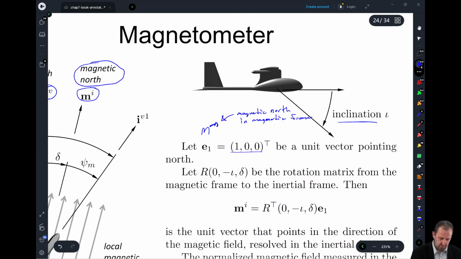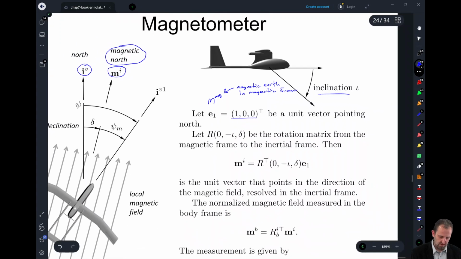It's just going to be equal to our elementary vector, where we have 1 in the x component and 0 in the y and z.